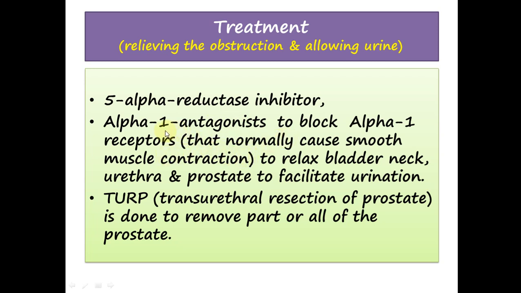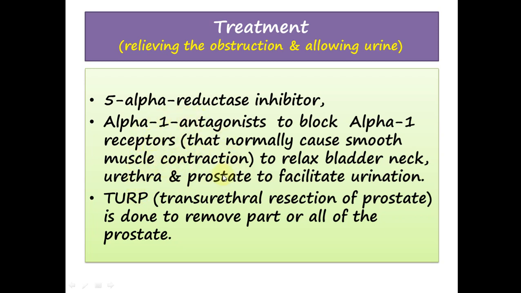So by inhibiting the alpha 1 receptors using the alpha 1 antagonists, we inhibit the action of the alpha 1 receptors, and this will lead to the relaxation of the bladder neck and also to the relaxation of the smooth muscle in the urethra and prostate, and this will help us in facilitating urination or to pass urine.